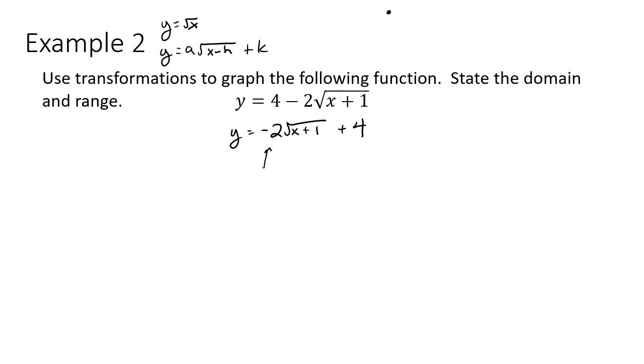First things first, because the A out front is negative, this graph is going to be reflected vertically. The other effect from A being -2 is that the graph is getting stretched vertically by a factor of 2.